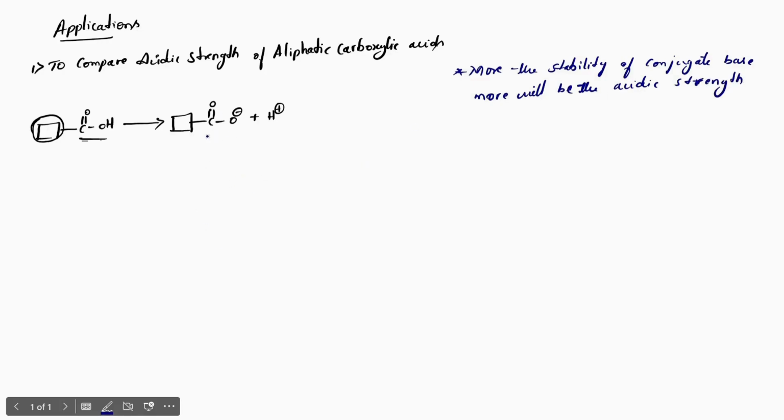So here this is the conjugate base. Here this negative charge indicates high electron density.